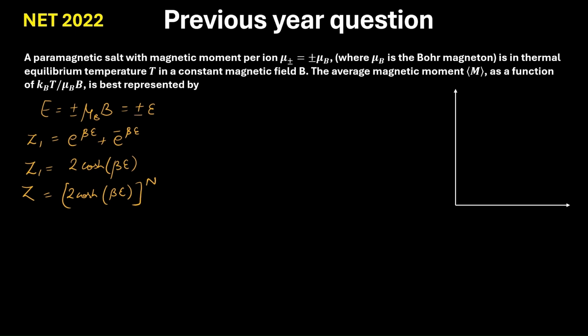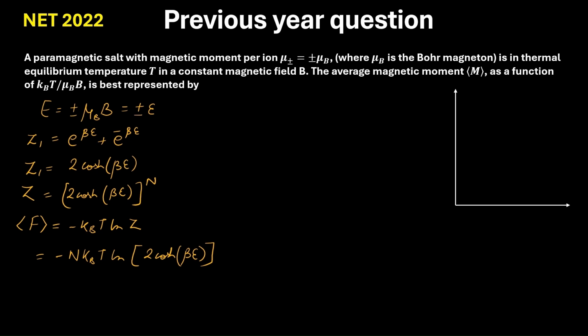Now we have got the partition function, so we can find the free energy. Free energy is equal to minus kBT log Z, so this is equal to minus N kBT log of 2 cosh beta epsilon.